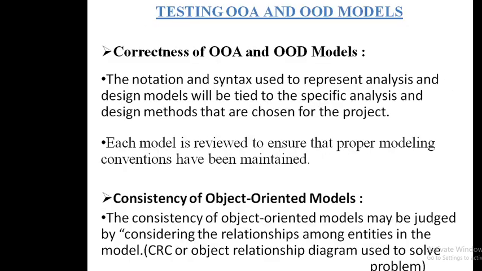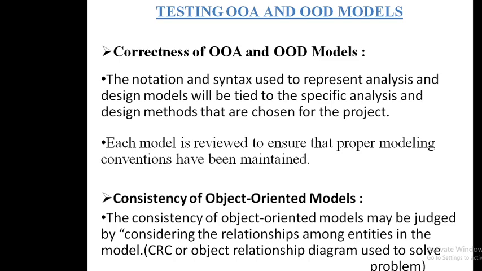Then the second concept today is testing object oriented analysis and object oriented design models. In this concept we are testing the object oriented analysis and object oriented design models. To discuss these models, we have two concepts.